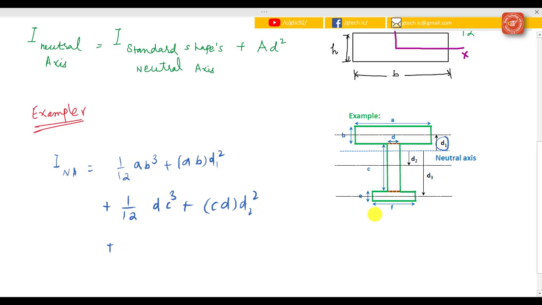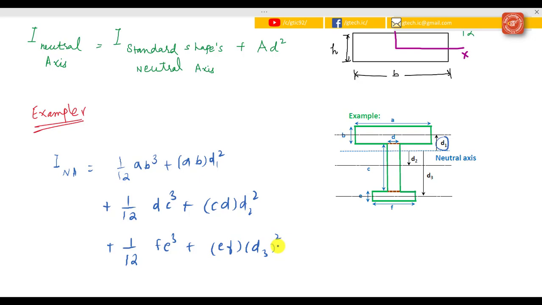And finally for the last shape, which is the rectangle at the bottom, we have 1/12 times base, that is f, and the height is e, so f e cubed, plus the area of this rectangle, e times f, times the distance from this standard shape's neutral axis to the overall shape's neutral axis, that is d3 squared.